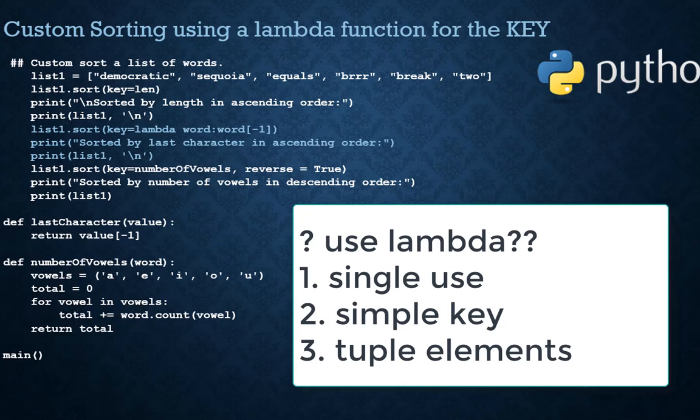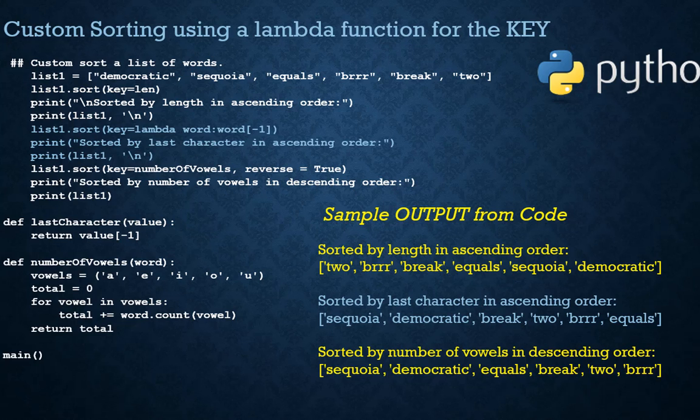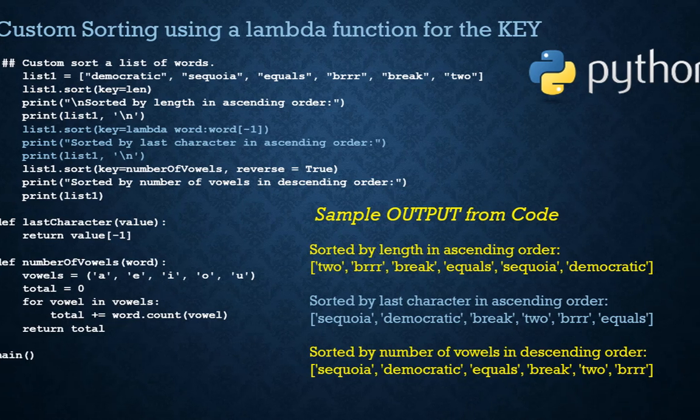Another time we might use lambda is if our element consisted of a tuple, and perhaps we're sorting based on the second element inside the tuple of our list elements. We could simply use a lambda to identify and use the second element within that tuple for each list element. Your book shows some examples of this, and you can review it in your text.